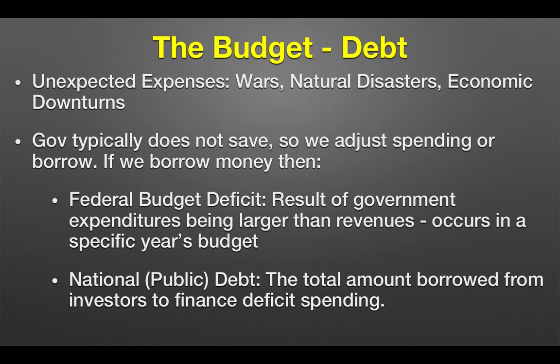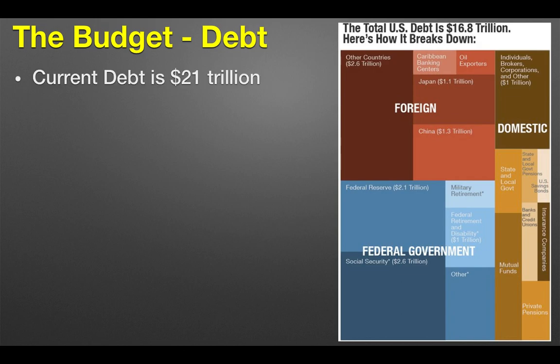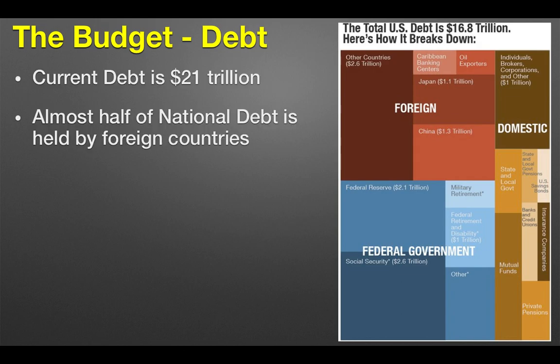How much do we borrow to finance what we cannot have the money to spend on? So the current debt right now is $21 trillion. Almost half of the national debt is held by foreign countries. As you can see here, China only has about 10% of our debt, or a little less than that.